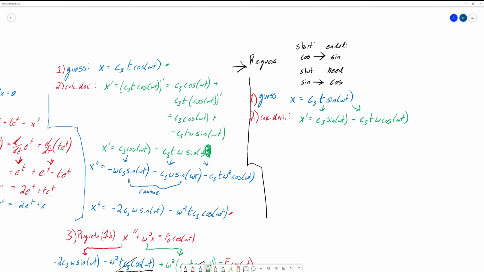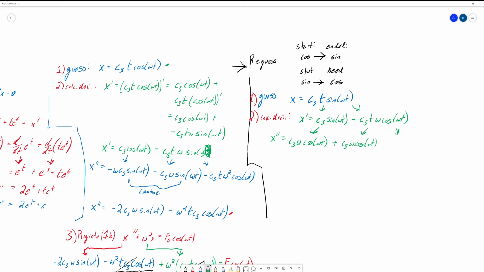Okay, and now let's calculate the second derivative. I'll just keep it as green. So the second derivative is going to be the derivative of this, which is going to be C3 omega cosine of omega t, plus the derivative of this, which, using the product rule t first, is going to be C3 times omega cosine of omega t.